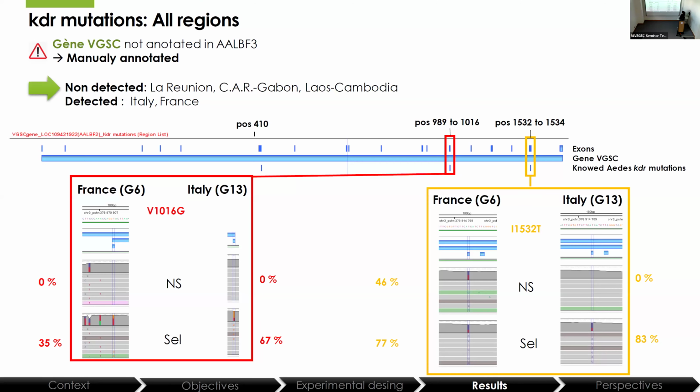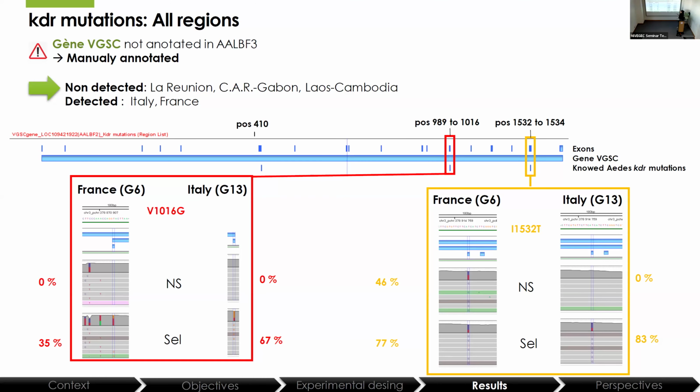I1532T mutation. And the percentages here are not representative of the frequency in field populations, but the absence of those mutations in the non-selected line tells us that the frequency is probably very low in field populations, but present because we can select it.